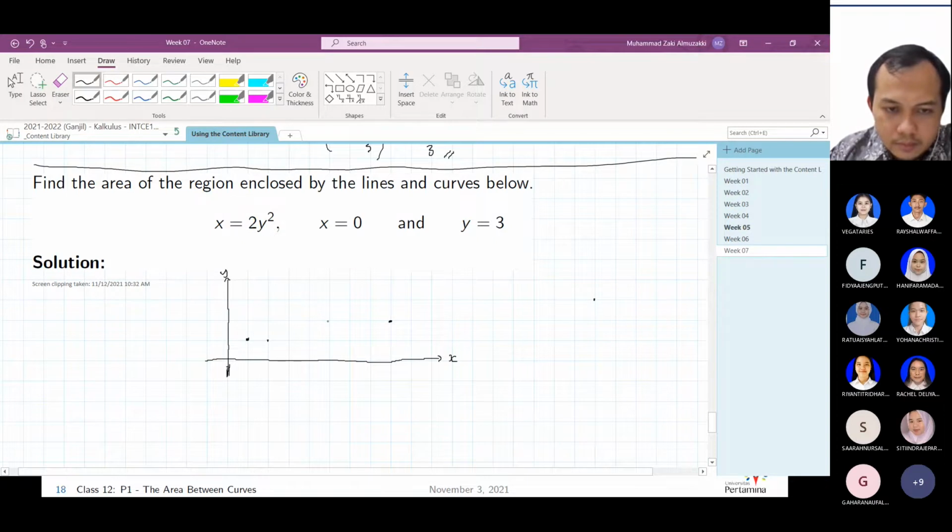So here we mark 1, 2, 3, 4, 5, 6, 7, 8, 9. Here 1, 2, this is 8, 2, 3.